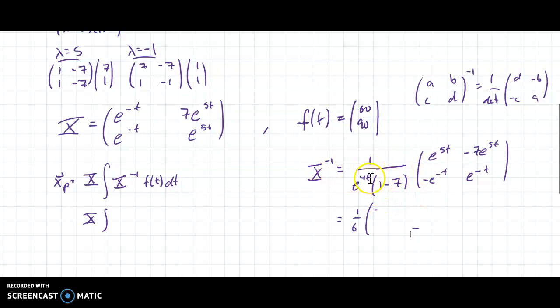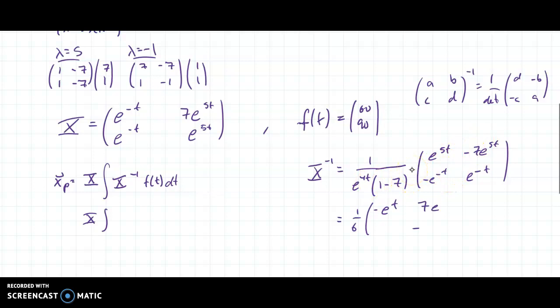From there, I need to divide by e to the 4t, or you can think about it as multiplying by e to the negative 4t. When I do that for this term, it turns to e to the positive t. I just subtract the 4 from the 5. Same thing with this. Remember, I'm going to have a positive 7 because I'm applying this negative in there because it's easier that way.